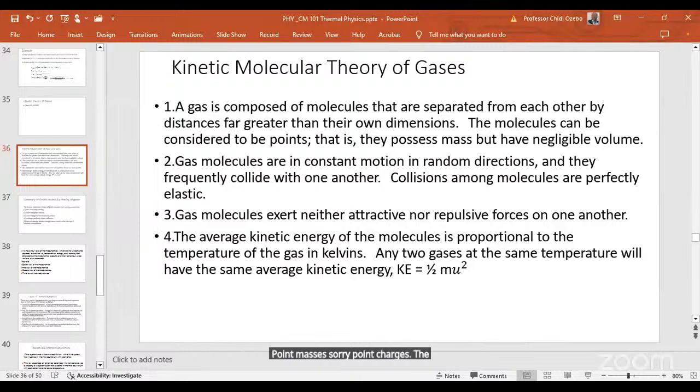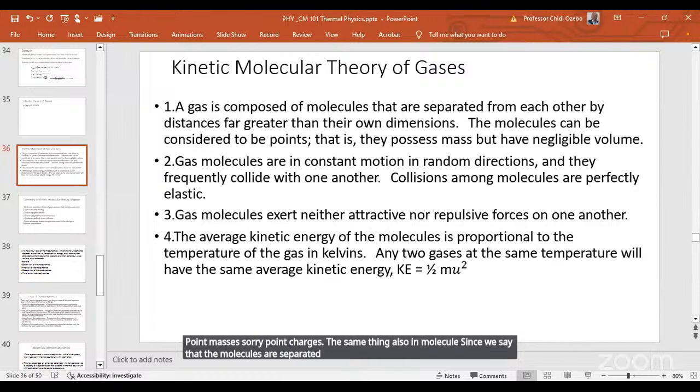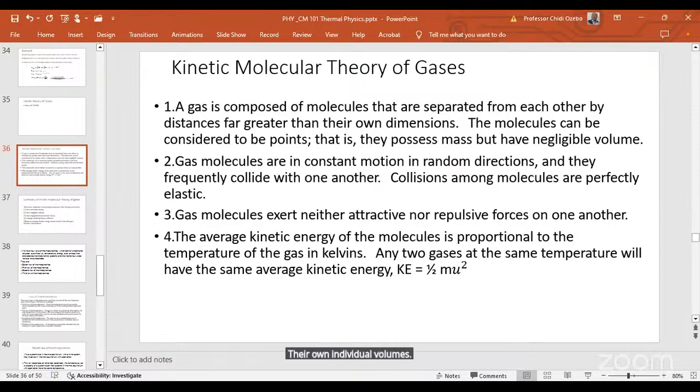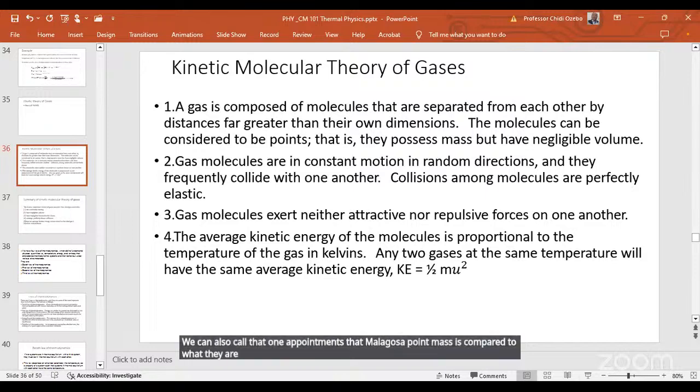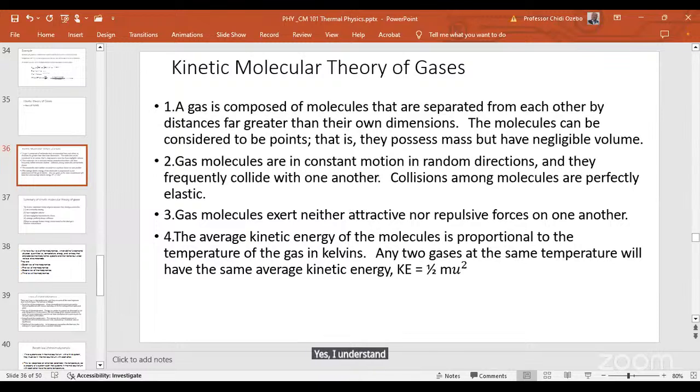The same thing applies to molecules. Since the molecules are separated by large distances compared to their own individual volumes, we consider them to be points, or point masses, compared to their separating distance. Each of them is always in constant motion, moving in a zigzag manner, depending on the pressure or their kinetic energy. Am I making sense? Yes, I understand now. Thank you, sir.